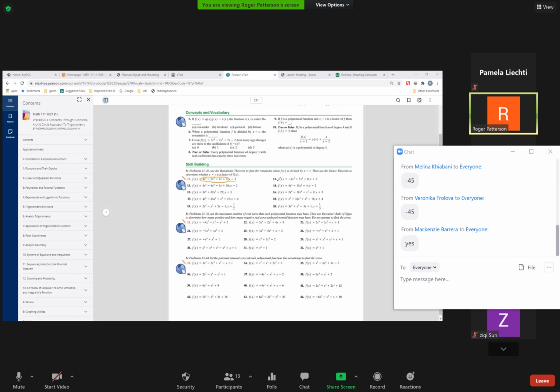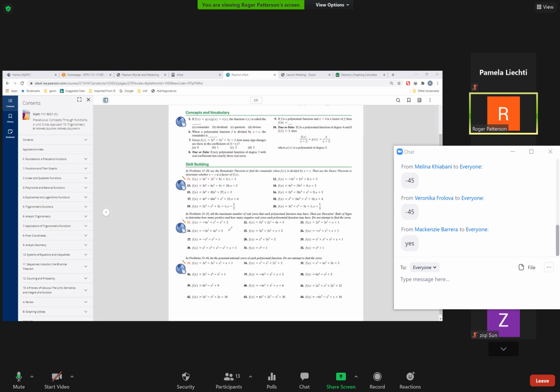That's it. That's all you have to do. Don't get thrown off by all this fancy stuff, the remainder theorem and the factor theorem. Just use synthetic division. Divide it. If you get 0, it's a factor. If you don't get 0, it's not a factor. Okay? So on 11 through 16, that's what you're going to do.